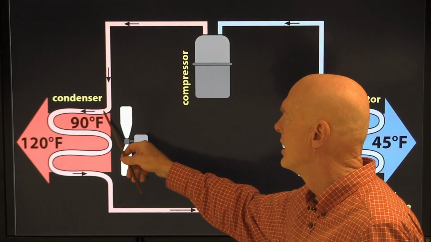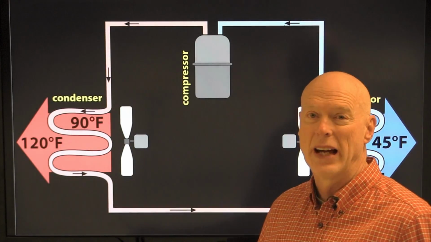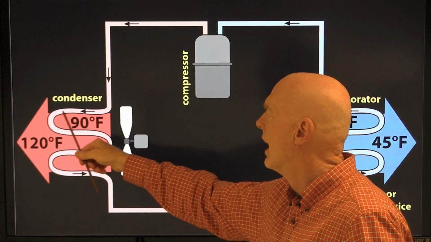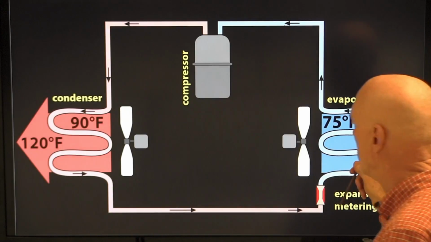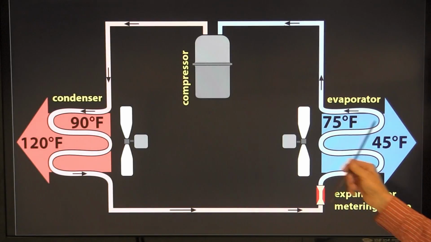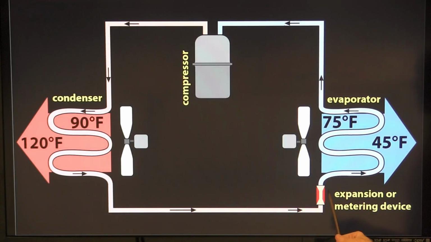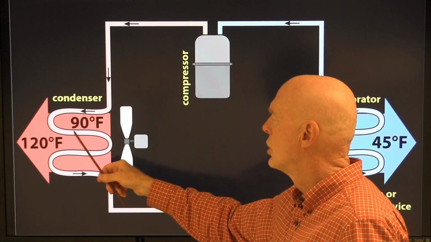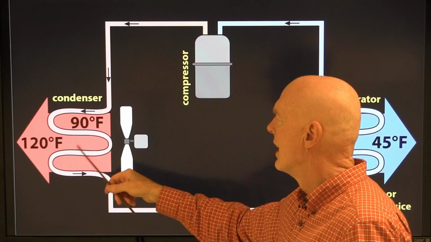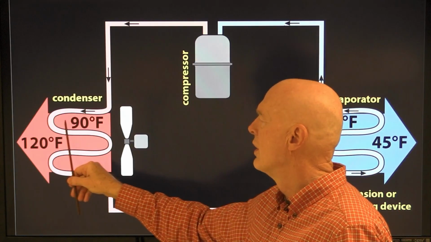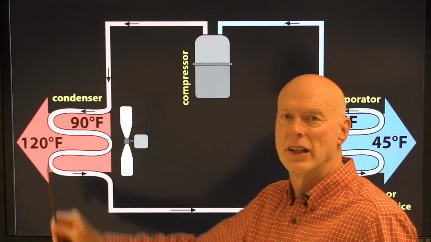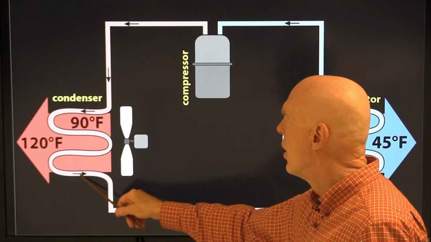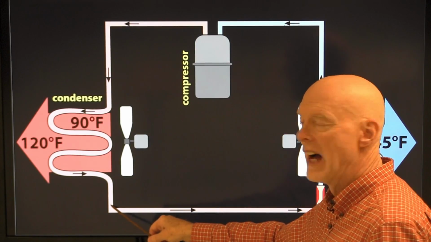When the refrigerant comes in here as a gas and it turns back into a liquid, it's like steam turning into water. And the heat that was collected over here in this coil, the evaporator coil, is then discharged in the condenser, and the air moving through the condenser takes that heat into the outdoor air.